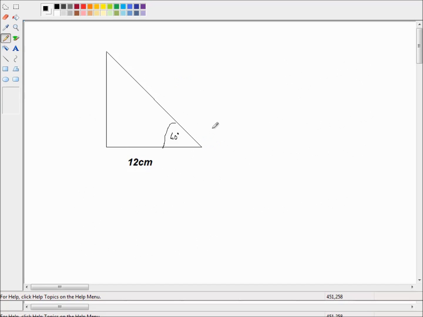Okay, so let's say we're given this triangle. In this case, we're given the adjacent, and we're asked to find the other two sides. Okay, well, let's say we want to find the hypotenuse.